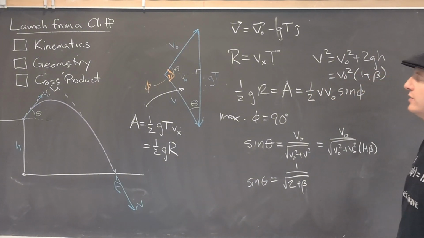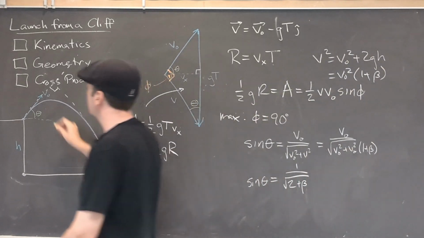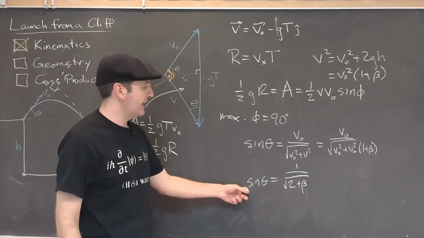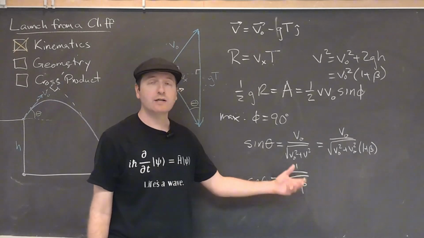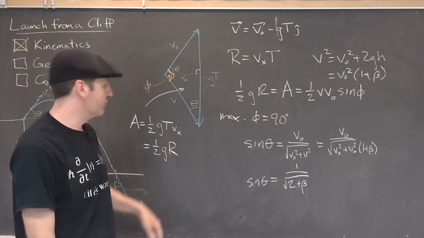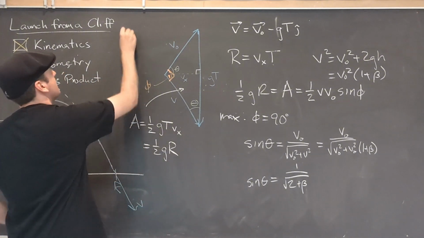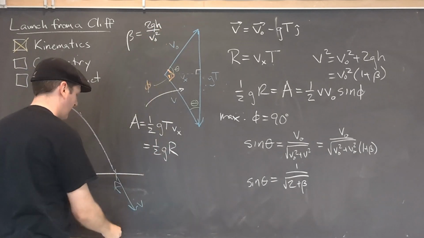Okay, so not only have we found a formula for the range using kinematics, we've now maximized that range by finding the launch angle that maximizes this. It depends on beta, let me write that up here. This is a reminder, beta is 2gh over v naught squared.